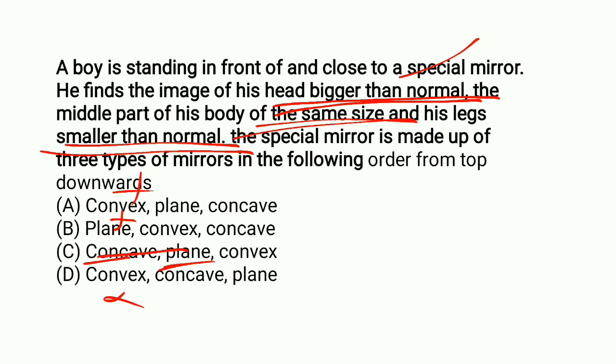So the order of the special mirror is concave, plane, and convex. So option C is the correct answer.